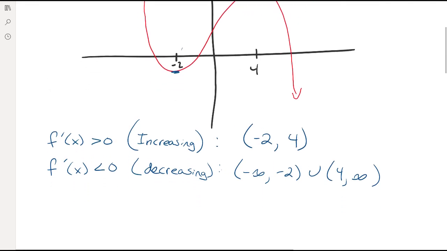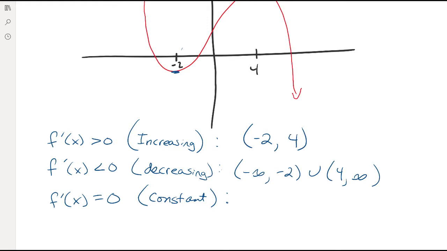And lastly, what if it said, for what values of x is our first derivative equal to 0? It's going to be constant. That's where our function is constant. This time, it's not going to be interval notation.